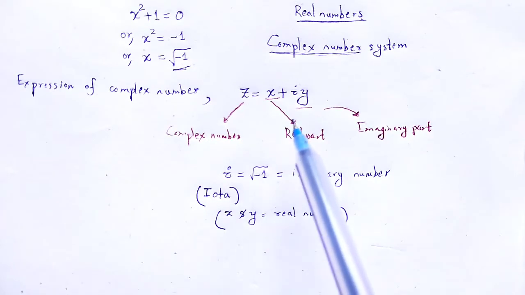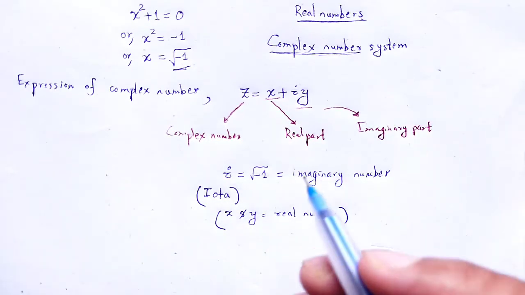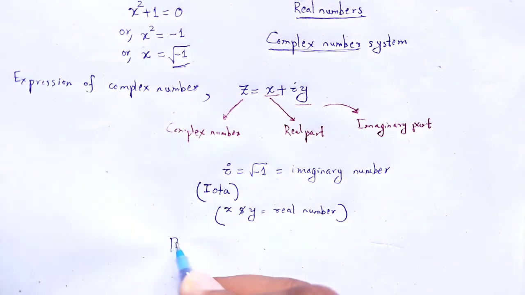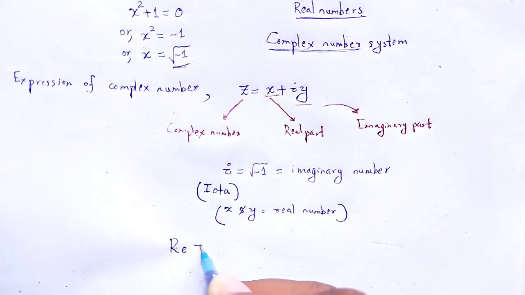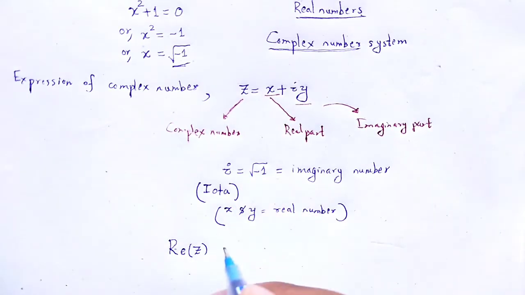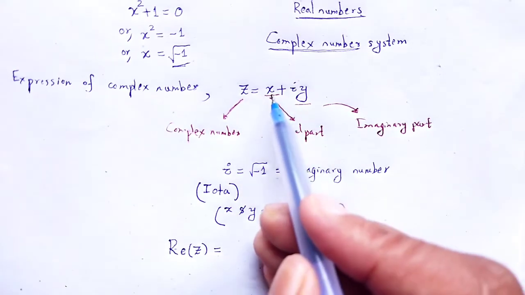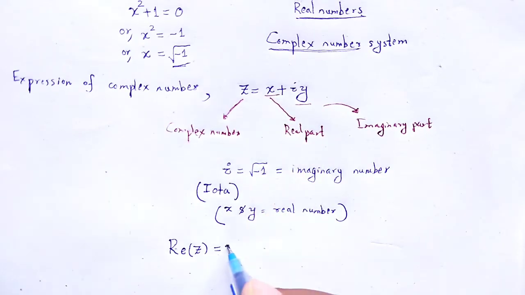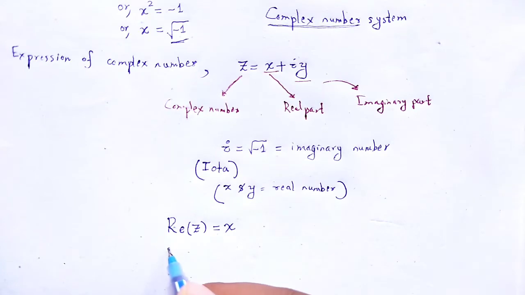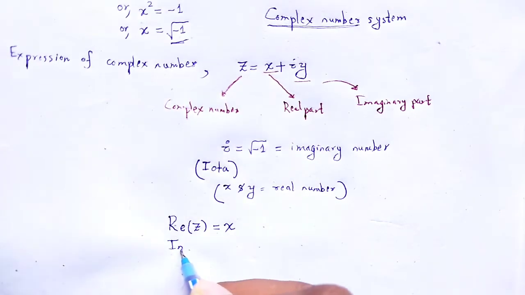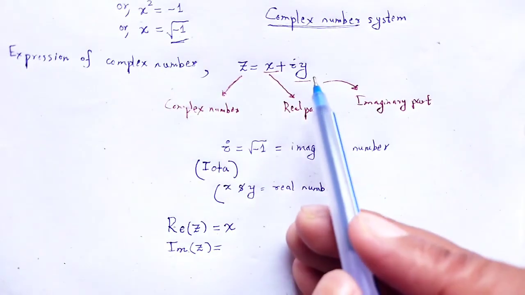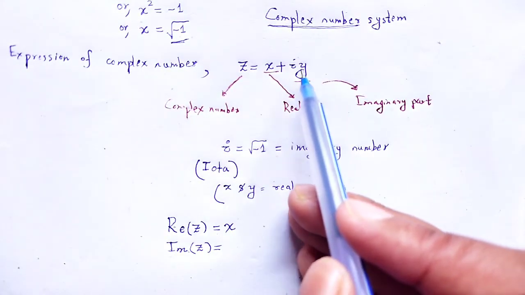Again, that can be further represented as: if I write Re z, it means the real part of that complex number z. So, we have the real part of z is x. If I write Im z, the imaginary part of z, that is y.